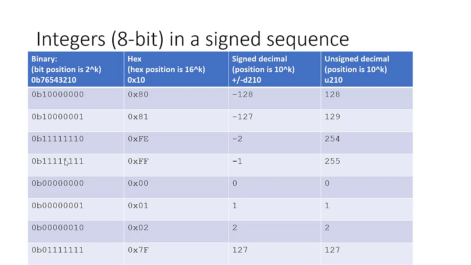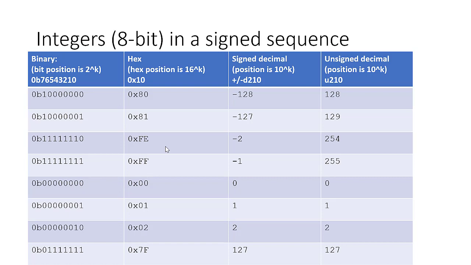So if I had all ones and I added 1 to it, I would get all zeros here, and if I had an 8th binary place, that binary place would see that 1, and that may be thought of as a carry bit or something like that. But in any event, this would be the equivalent of -1, such that if I were to add 1 to it, I would get all 0 bits.